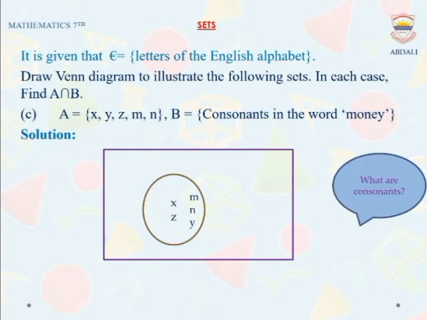So they are common to both sets. So we will represent our set A, and after that we will represent our set B, which is M and Y, because our set B contains only consonants. There are no other values than the consonants of money. So here we have represented our set A and set B, and the values which are common to both sets are M, N and Y. So it is the answer of our A intersection B.